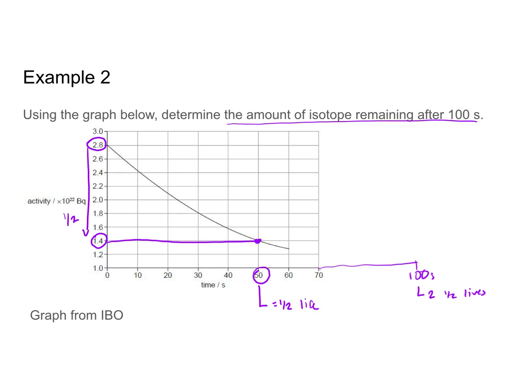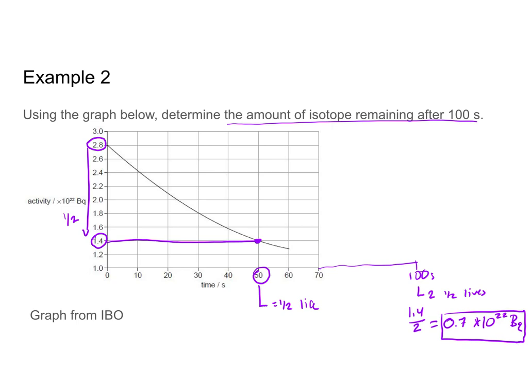And so my sample's activity should be cut in half again. So I'm going to take 1.4 and divide that by 2, and I get 0.7 becquerels, or times 10 to the 22nd becquerels. Now, two things I want to point out.